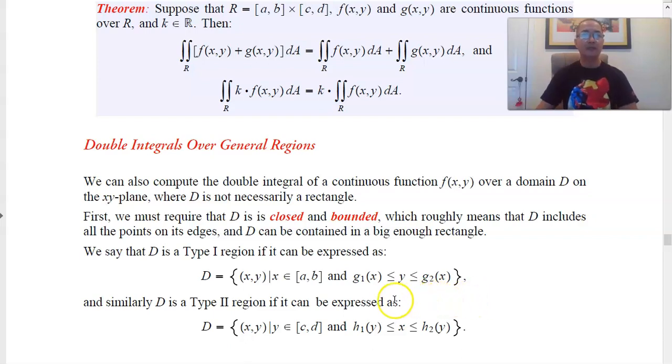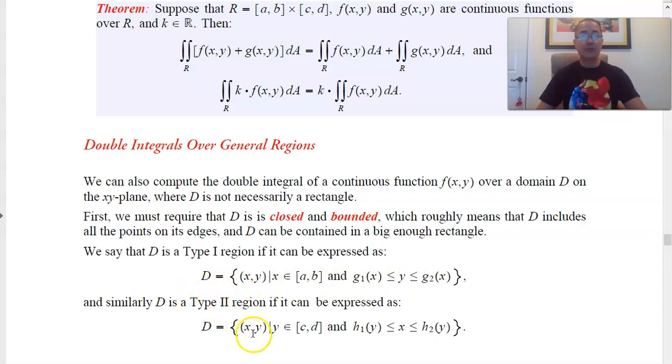We're going to look at two special kinds of regions first. A type 1 region has the form all points x, y, where x goes from a to b, and y is between two functions, a lower function g1 of x and an upper function g2 of x. A type 2 region is backwards.